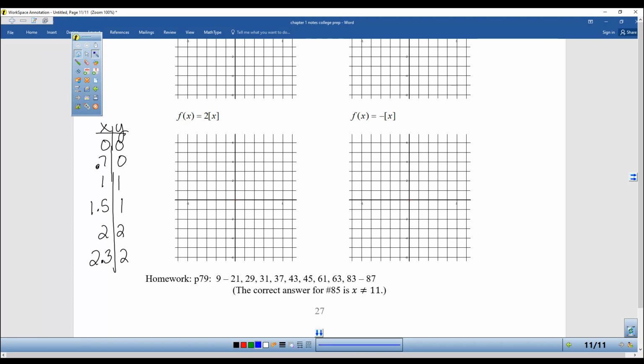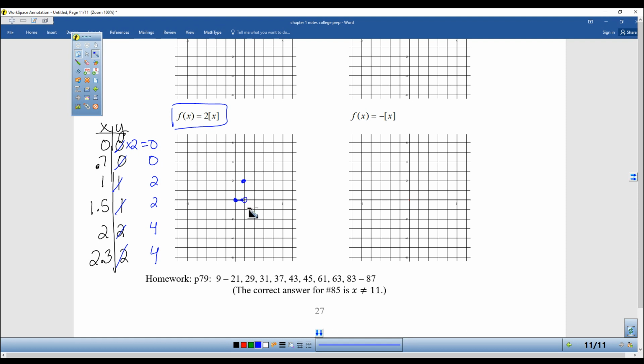So now when you multiply those all by 2, times 2 is equal to 0, times 2 is equal to 0, times 2 is equal to 2, 2, 4, 4. Now graph these, and you'll see it right away. So 0 is still going to be 0, 0.7 is still going to be 0, but at 1, it jumps up to 2.